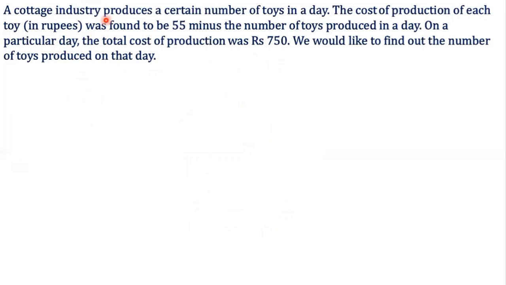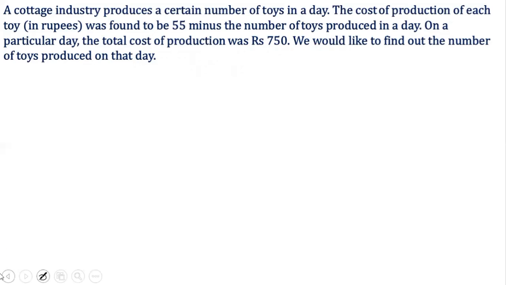The cost of production of each toy was found to be 55 minus the number of toys produced in a day. On a particular day, the total cost of production was rupees 750. We would like to find out the number of toys produced on that day.